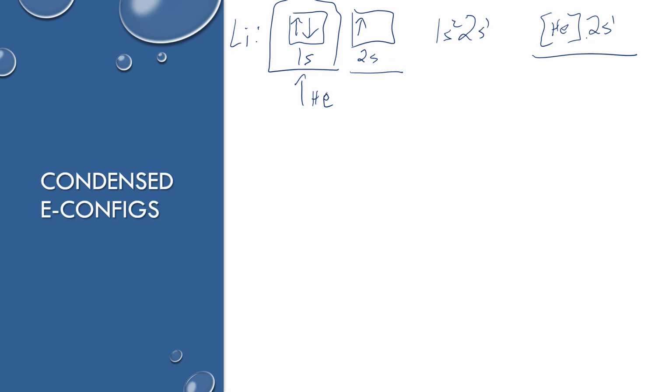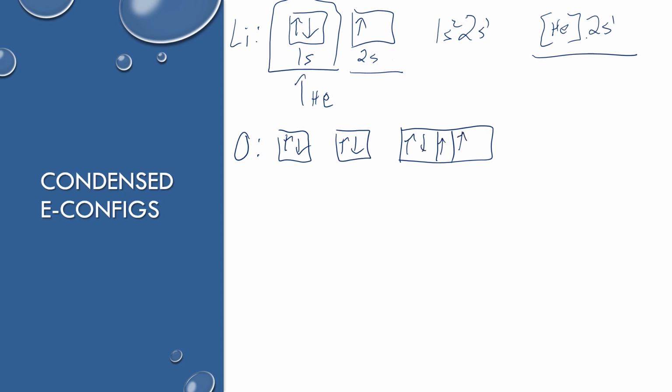Let's look at another one. Let's go back to oxygen again. Oxygen has 8 electrons: 1s, 2s, 2p.